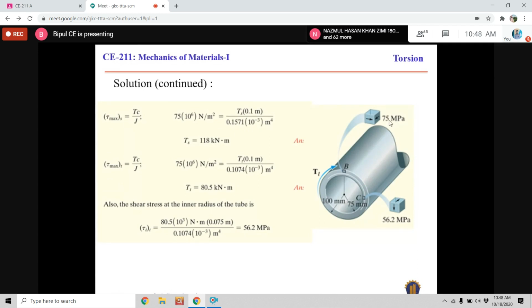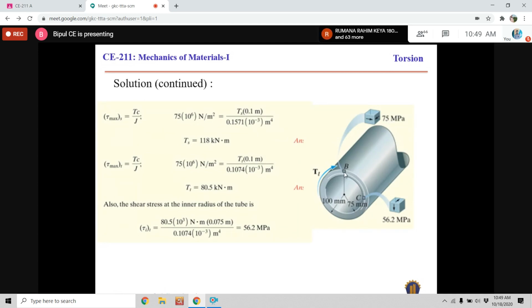At the inner surface, the stress will not be similar to the strength of the material, because if the stress here is similar to 75 MPa, then a crack will be generated here. That means the structure will fail in that case. But we will assume that the structure will not fail. That means the maximum stress will be similar to the strength at this location.